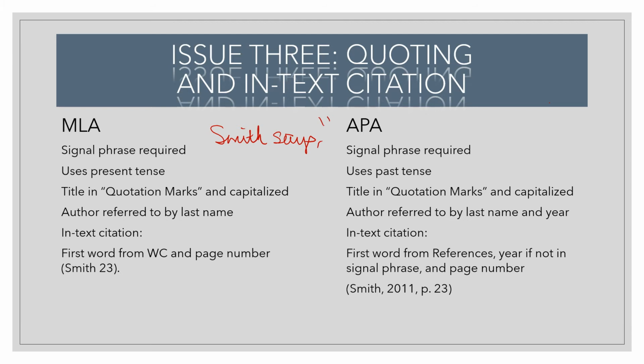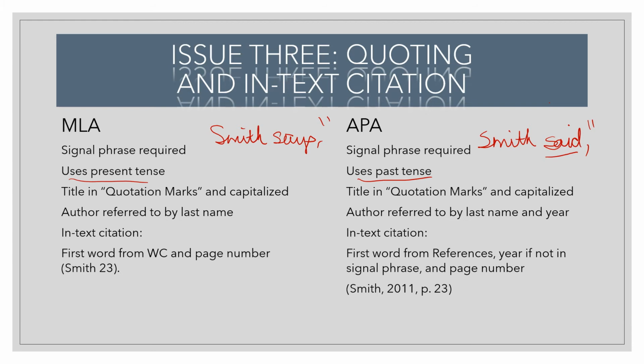In APA, you're going to need the same kind of thing, but instead of present tense, you will use past tense. Smith said, and then your quote. So that's the difference between those signal phrases.